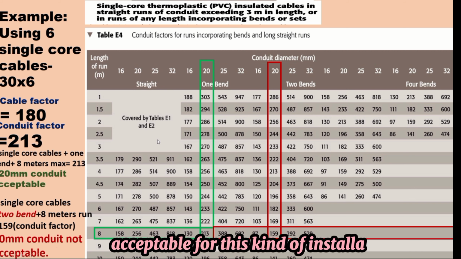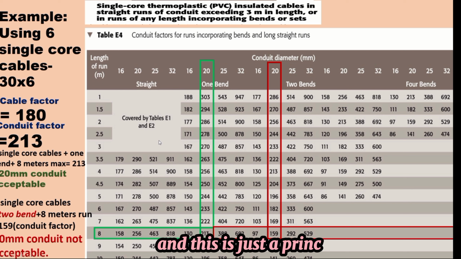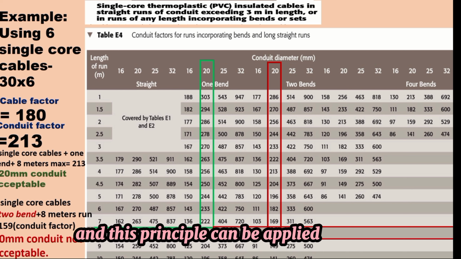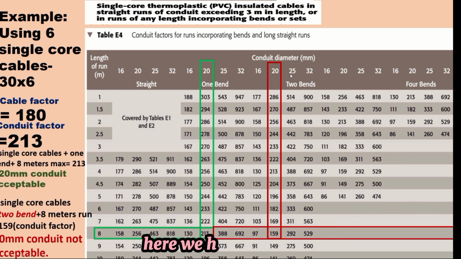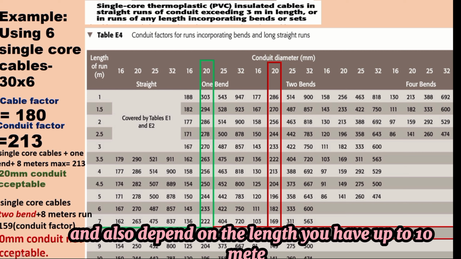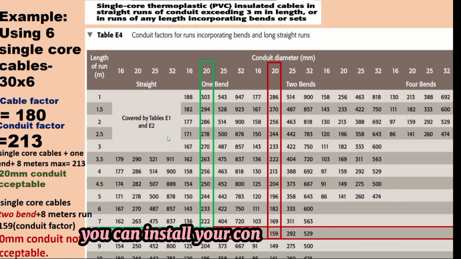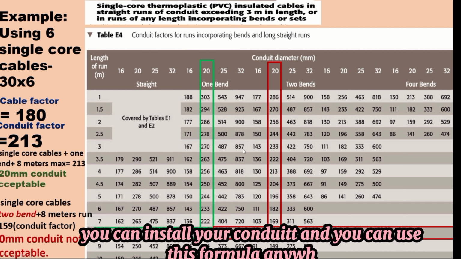And this is just a principle, and this principle can be applied onto different sizes of conduit. Here we have 25 mm, 32 mm, and also depending on the length you have, up to 10 meters, you can install your conduit, and you can use this formula anyway, anytime.